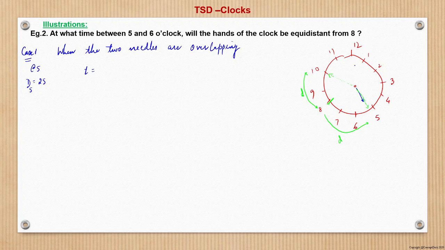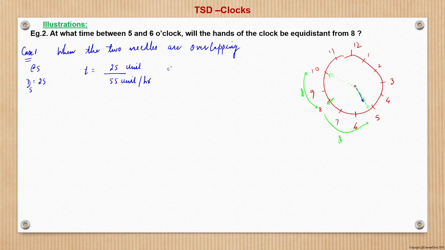At 5 o'clock the hour hand will be pointing towards 5 and the minute hand will be pointing towards 12. So that distance is nothing but 5 into 5, 25. So 25 units of relative distance to be covered by the minute hand at a relative speed of 55 units per hour.